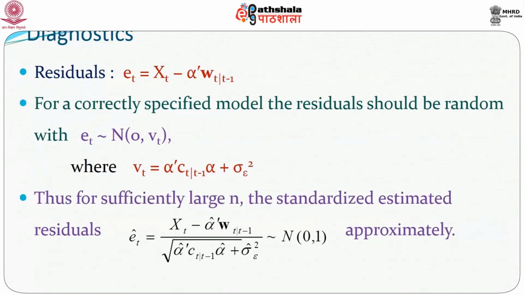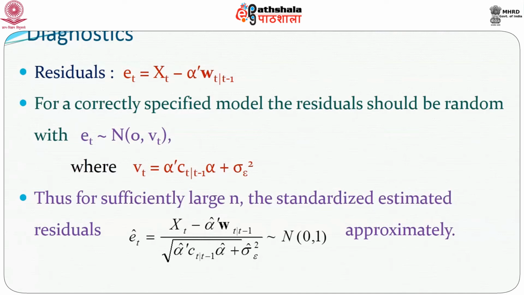Now, for sufficiently large n, the standardized estimated residual is given by Et hat is xt minus alpha hat prime Wt given t minus 1 divided by the square root of the variance of Et. Remember that in the numerator we have Et, and in the denominator we have the standard error or the standard deviation of Et.